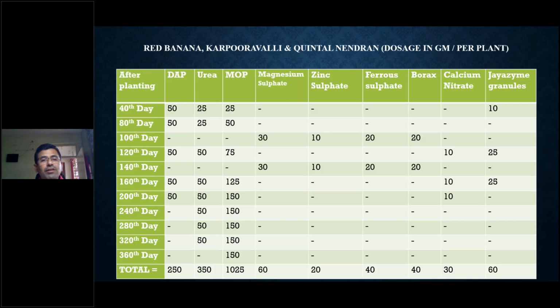If you follow this schedule, whatever I have mentioned variety-wise, we can easily overcome nutrient deficiency problems and we will get excellent yield. For your information, I will share a few photographs of each nutrient deficiency.